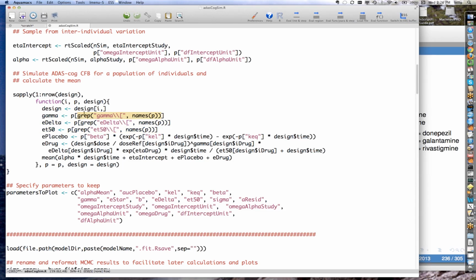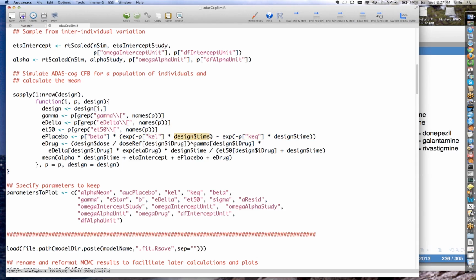When it does this, each one of these is going to become a 3-member vector corresponding to donepezil, galantamine, and rivastigmine. That just pulls those out. And then we've got our placebo thing here. You can see I'm using a named parameter vector, so I'm pulling out the parameters by name, where the name is inside our indexing brackets here.